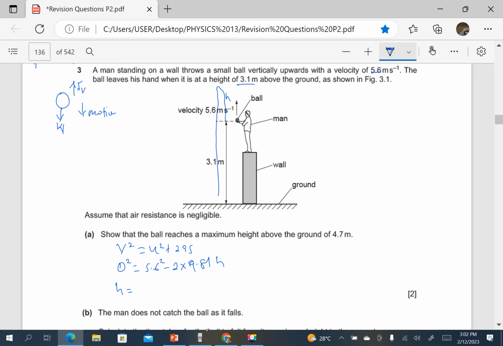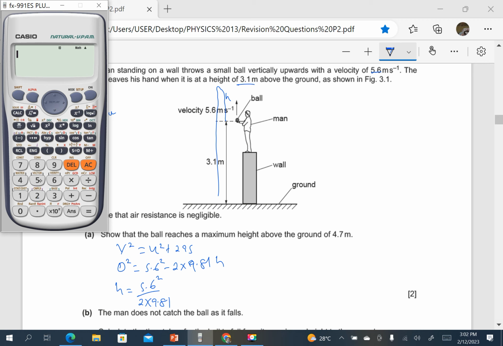So the height h above his hand is going to be 5.6 squared divided by 2 times 9.81.